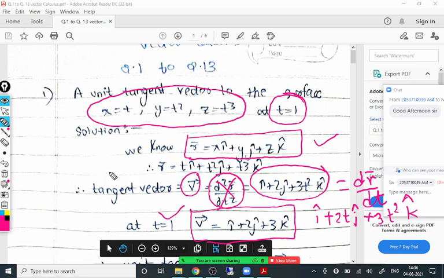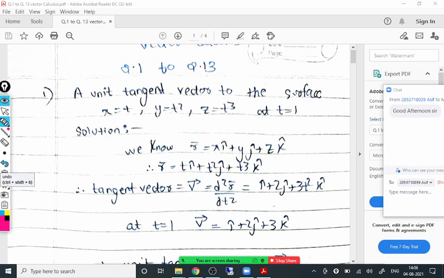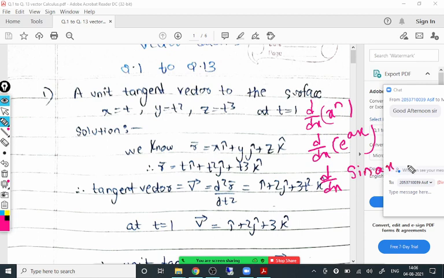One most important thing to remember: in vector calculus you have to differentiate. You will find it's very simple, even an 11th standard student can do it. You just require derivatives of simple functions like the derivative of x raised to n, the derivative of e raised to ax, the derivative of sin x and cos x, and lastly the product rule and quotient rule.